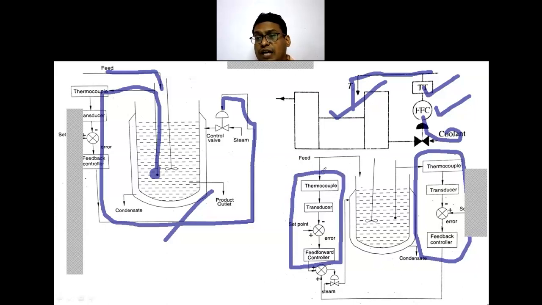Both these systems are there, and then a comparator has been provided to take a proper decision from the feed backward loop and from the feed forward loop, and accordingly gives its output to the control valve. Both the times, the control valve is the final manipulated variable. So I suppose you have understood the difference between the feed backward, feed forward, and the combination of feed forward and feed backward system.